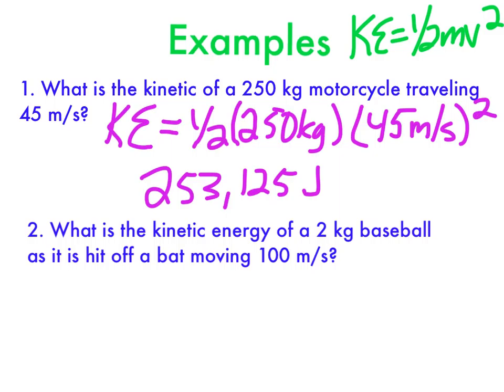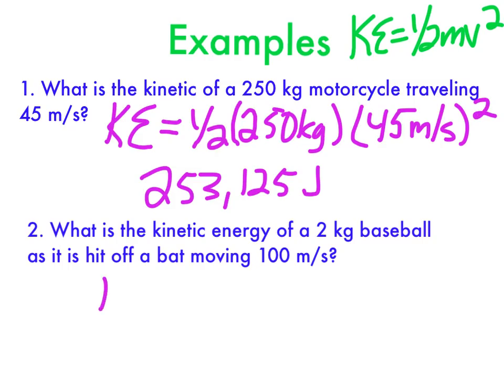Number 2, it says, what is the kinetic energy of a 2 kilogram baseball traveling 100 meters per second as it's hit by a bat? So once again here, we're going to do 1/2 the mass times the velocity squared.